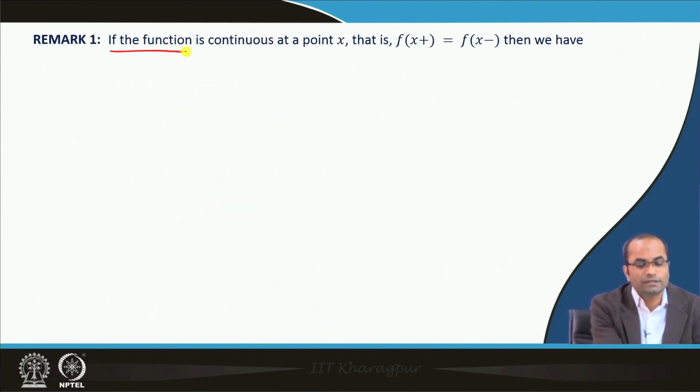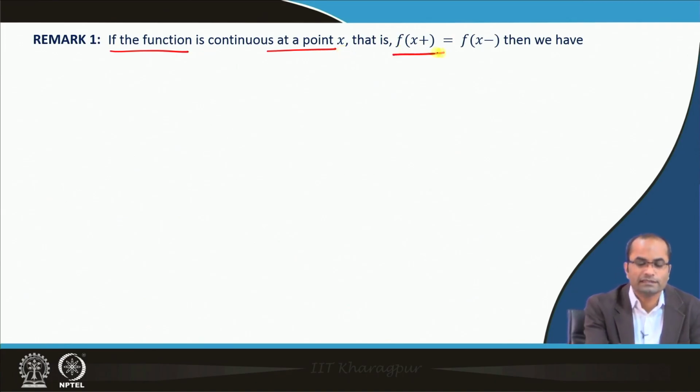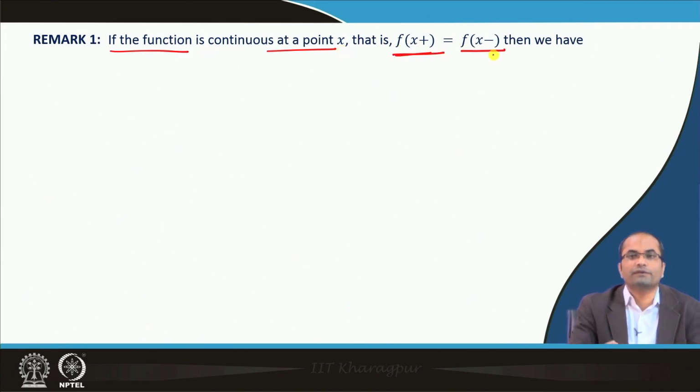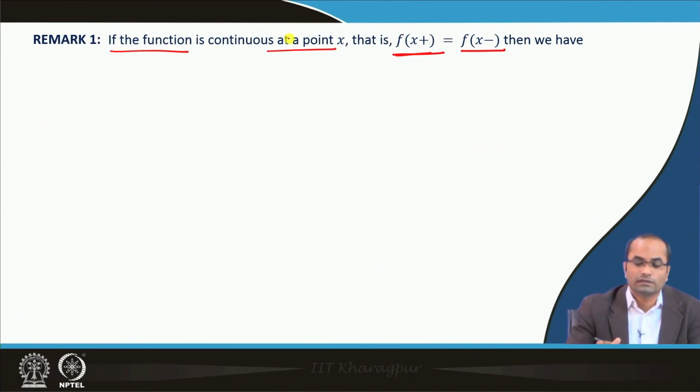If the function is continuous at a point x, so if it happens that the function is continuous at the point where we are talking about the convergence, in that case these limits f x plus will be equal to f x minus, because the function is continuous. The two limits should be equal to the function value, if it exists there. So, if it is continuous, naturally these two limits should be equal.